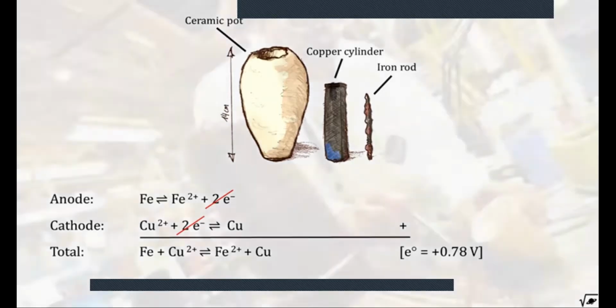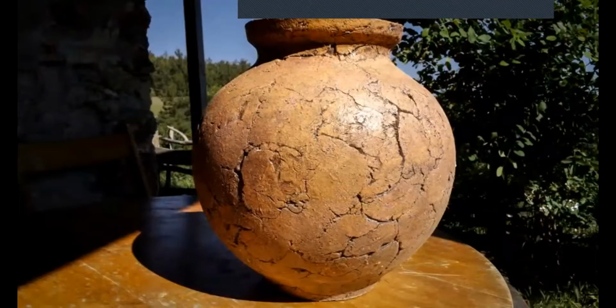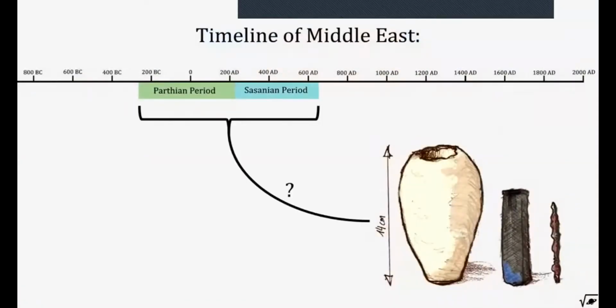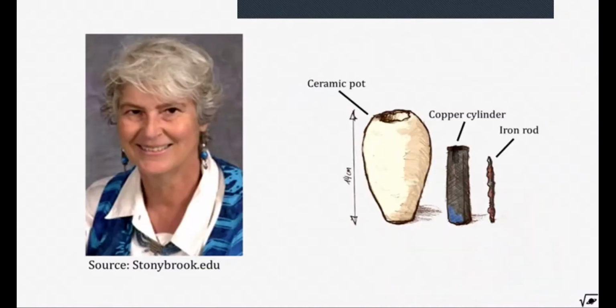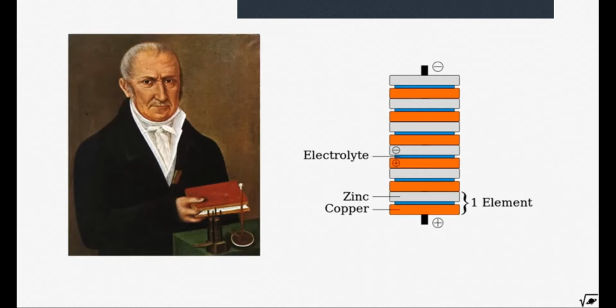They might have been used for a process called electroplating, or, others claim, the artifacts were used for storing scrolls. Some even claim that the artifacts are not even originating from the Parthian period, but from the Sasanian period, which makes the Baghdad battery about 500 years less old than Koenig predicted. Professor Stone, an expert on Iraqi archaeology, stated that she does not know a single archaeologist who believes that these were indeed working batteries. The first real battery was most likely the one created by Alessandro Volta in the year 1800.